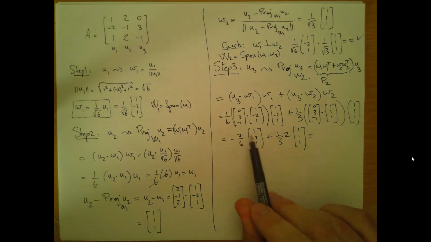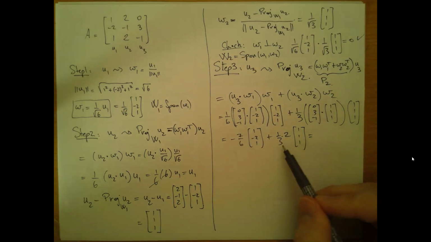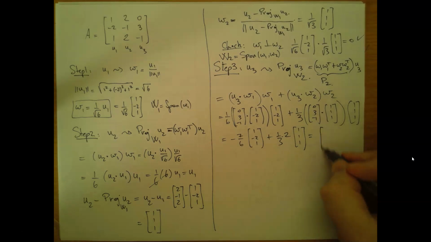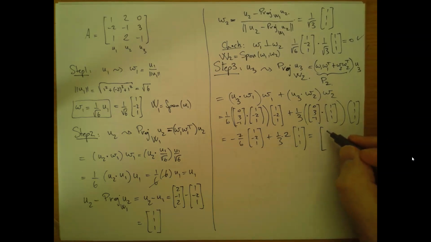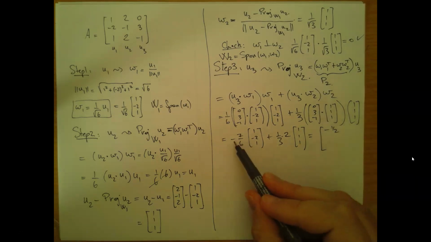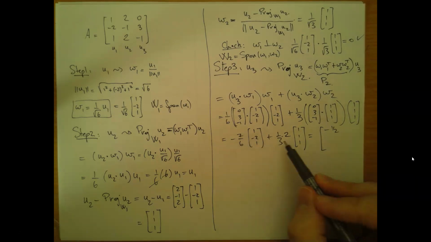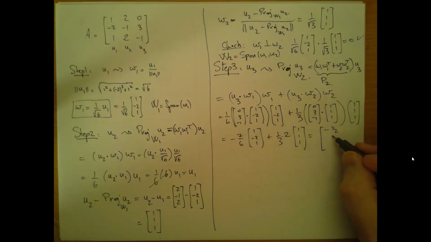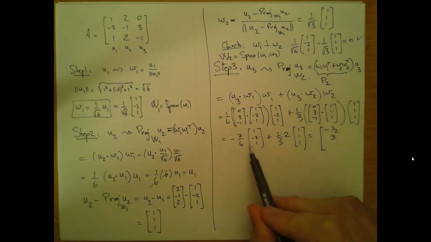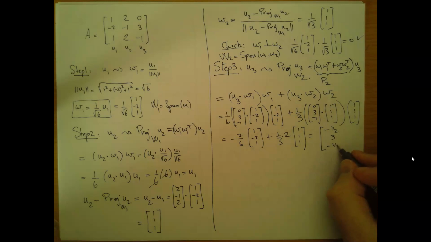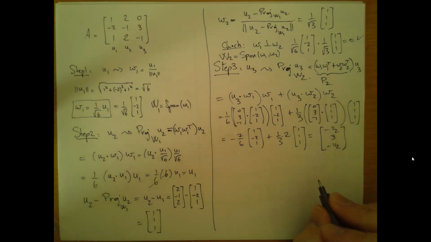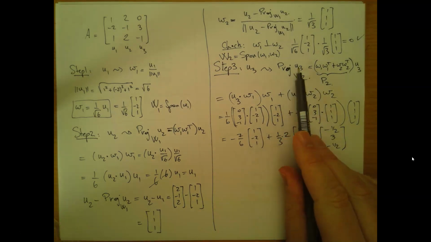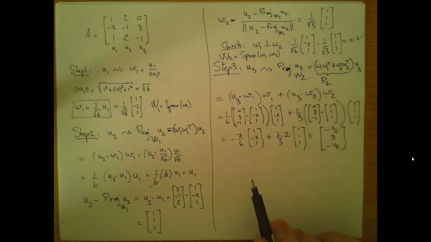So -7 over 6 plus 4 over 6 is -3 over 6, so that's negative a half. And then we have -7 thirds... plus 2 thirds is 9 thirds, that's 3. And then the same again, so negative a half. Alright, so that's the projection of u3 onto W2.